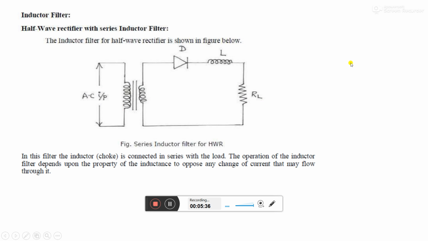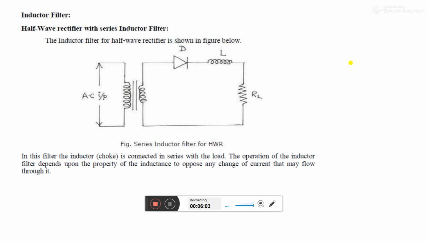First is the inductor filter. The circuit diagram shows the half wave rectifier with a series inductor filter. As we said a minute before, the inductor is always connected in series with respect to the load. Here we know the step down transformer along with a rectifier diode composes a rectifier circuit.